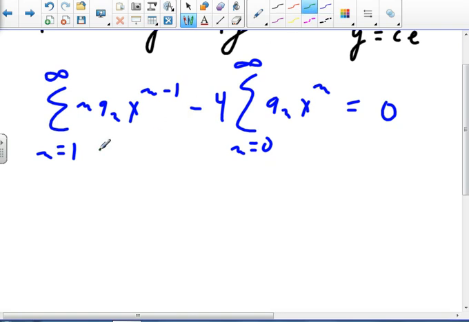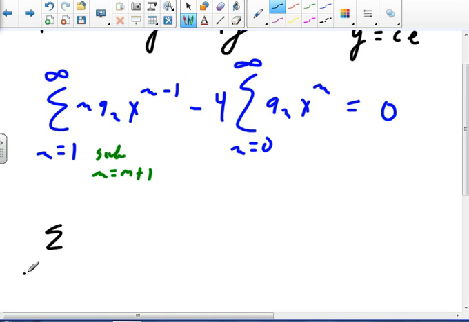I'm then going to do a substitution. I'm going to say n is equal to n plus 1. And I'm doing that for two reasons. First reason, I want my x's to be the same indexing. And then it's convenient if my summation starts in the same spot too. And both of those things happen if I do that.